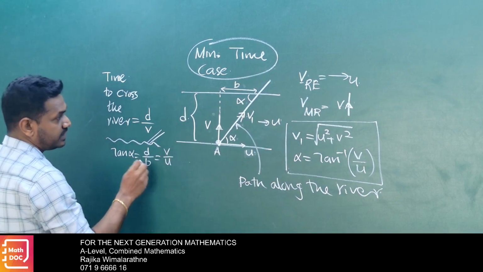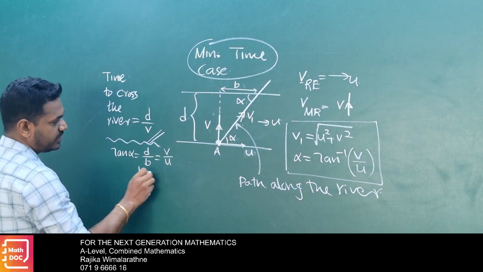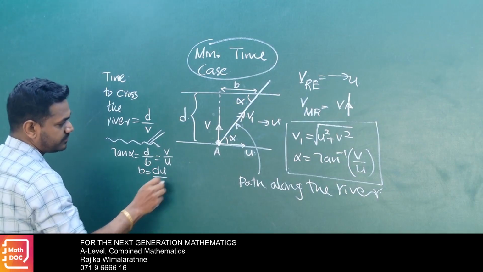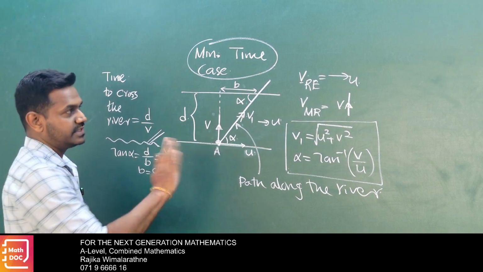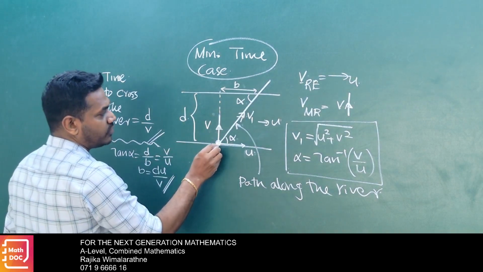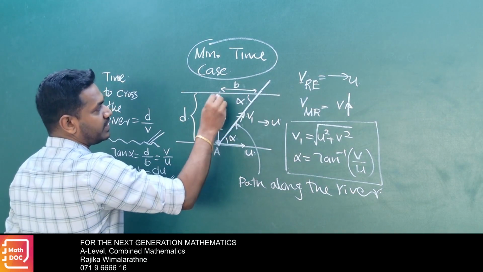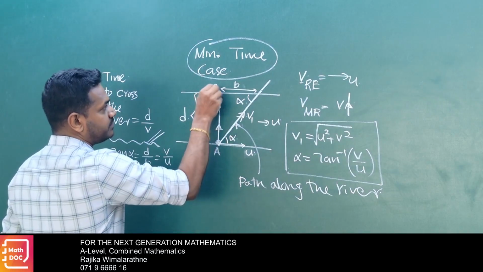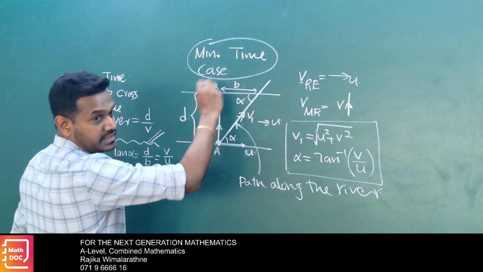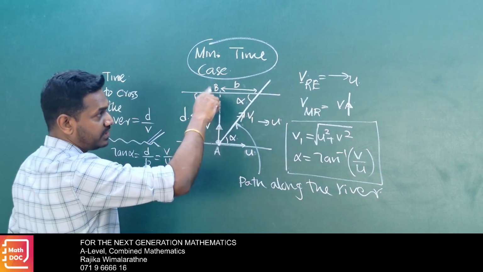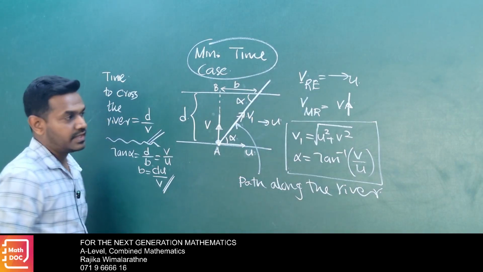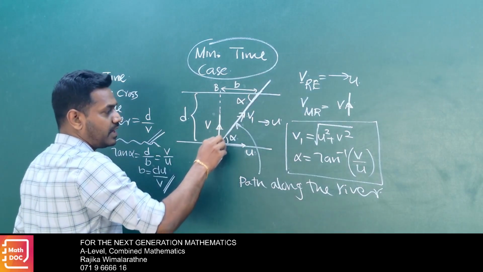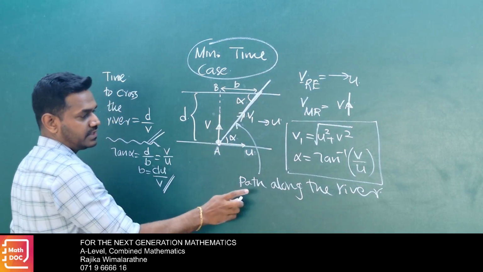Since u is given, we can find the b value: b equals du divided by v. So for this case he goes along this path. Directly opposite is the point, and below that is the displacement b downstream, which is du divided by v.